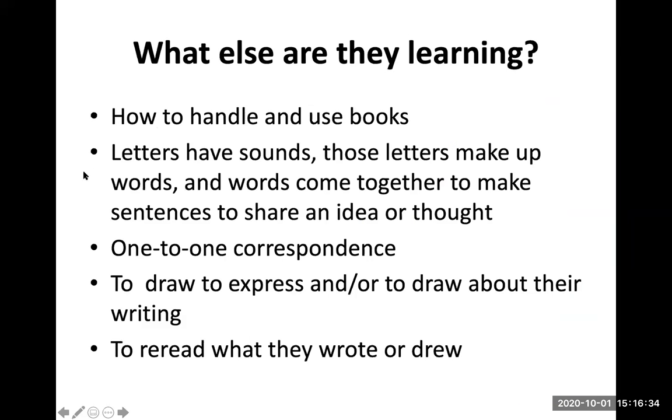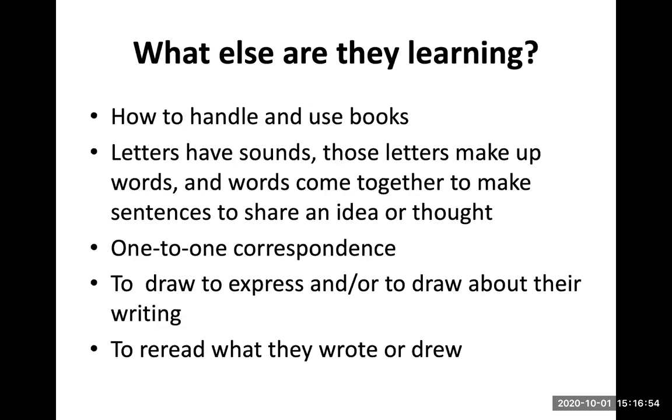Our pre-emergent writers and emergent writers are also learning how to read. They're learning how to use books, what to do with books. They're learning that letters have sounds and those sounds make up words and those words make up the sentences to develop those thoughts.